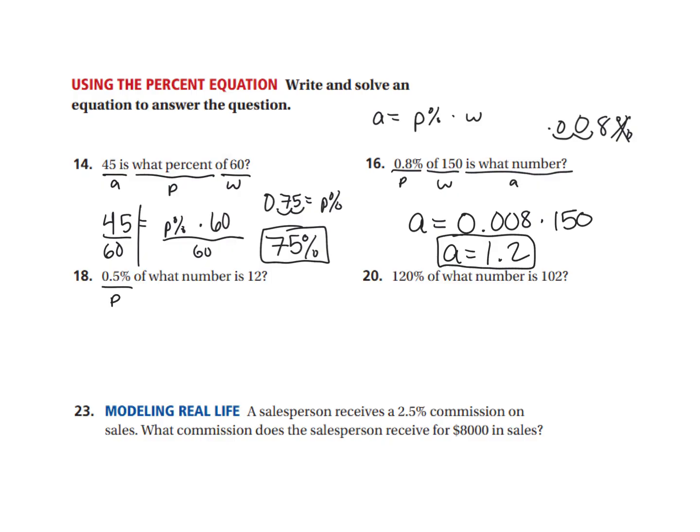0.5%, that's P. Of what number? That's W. Is 12, that would be A. So I'm going to put in my A value, 12.